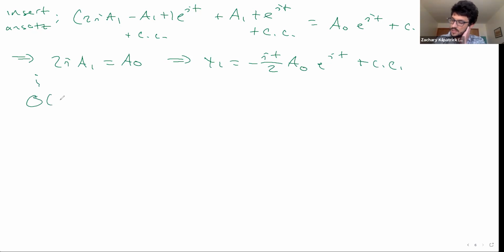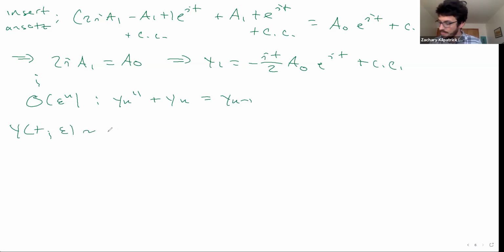Now we can do this all the way up the hierarchy, right? And we'll get yn'' + yn = y(n-1). We just keep swapping these things in and out. And it turns out you get more and more higher powers of t out in front. So I'll just write the first few terms for you. It's just plug and chug and more and more annoying algebra as things go along.